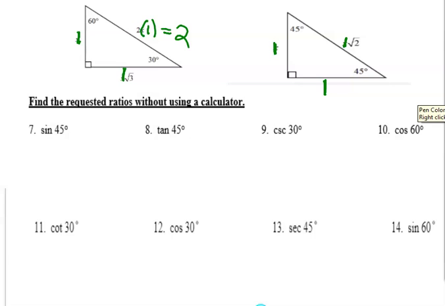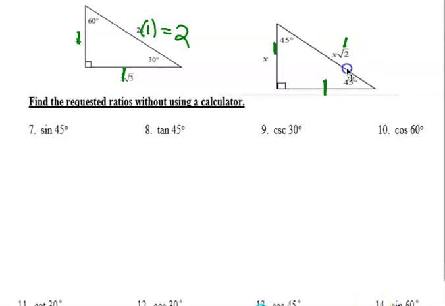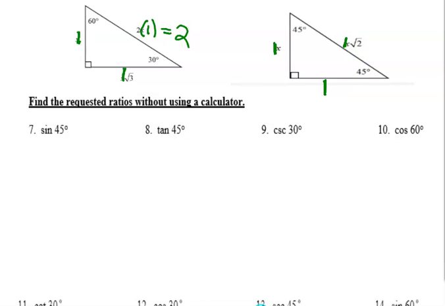So if I was trying to find the sine of 45, sine is opposite over hypotenuse. So that is 1 over root 2.